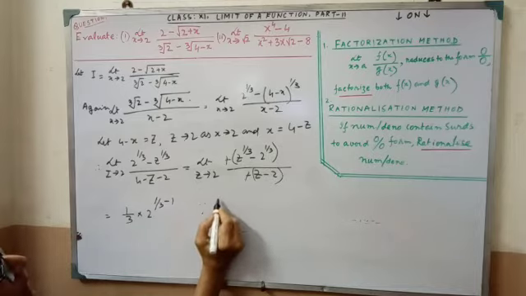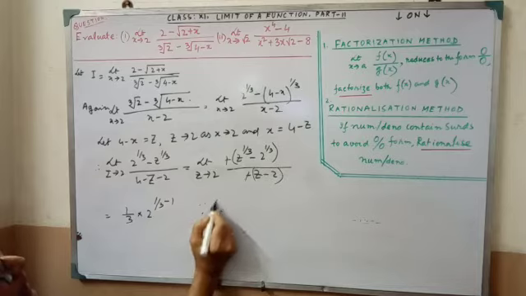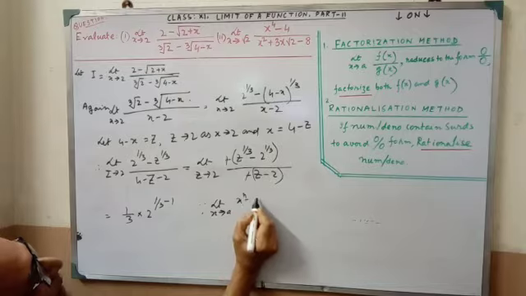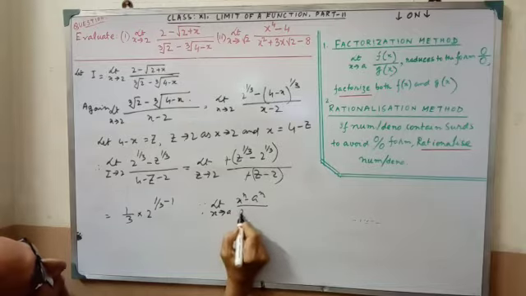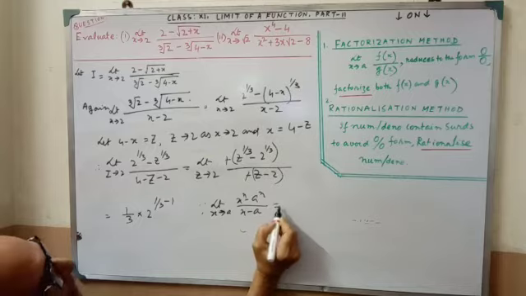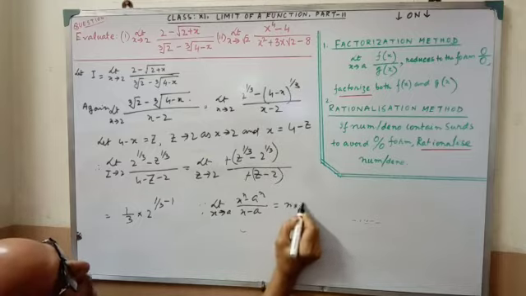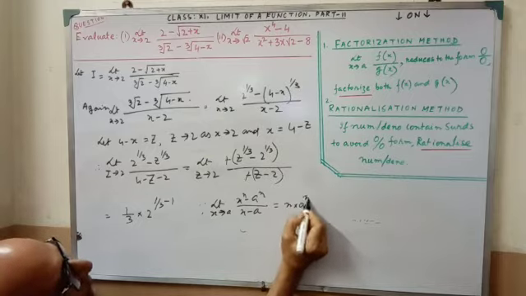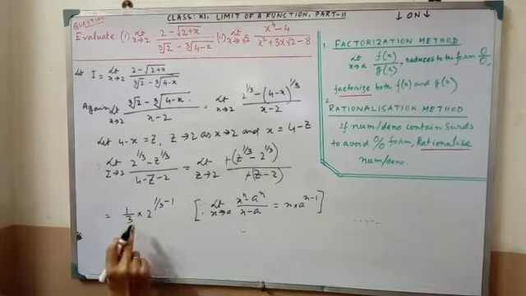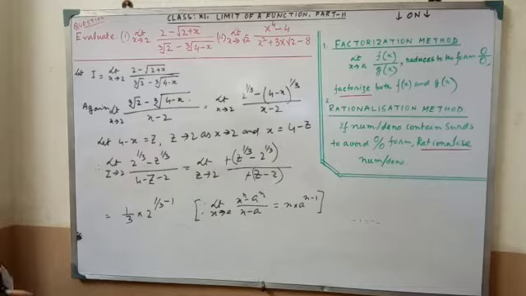Since the formula: limit x tends to a, x to the power n minus a to the power n by x minus a, if it is given in this way, then it is n into a to the power n minus 1. By applying this formula, we are getting this. So this you have learned in part 1.